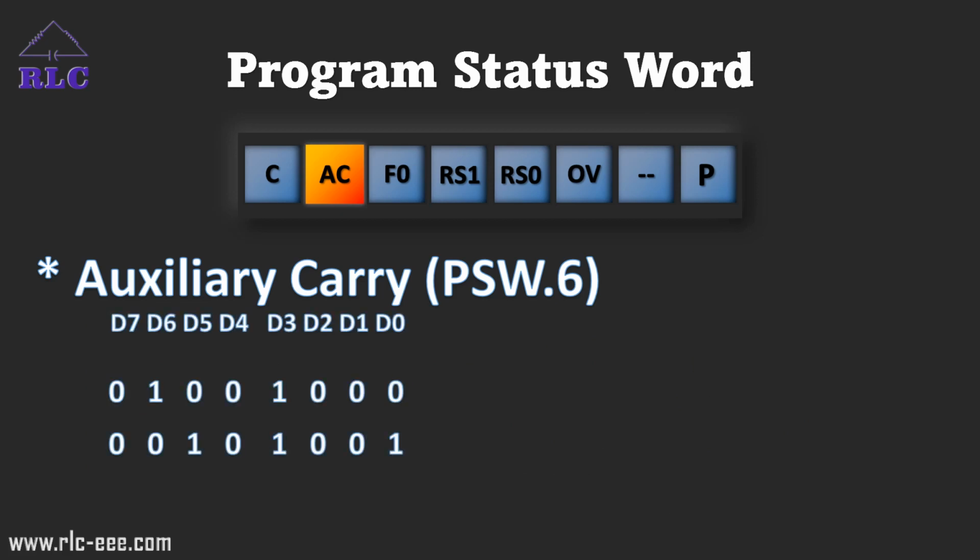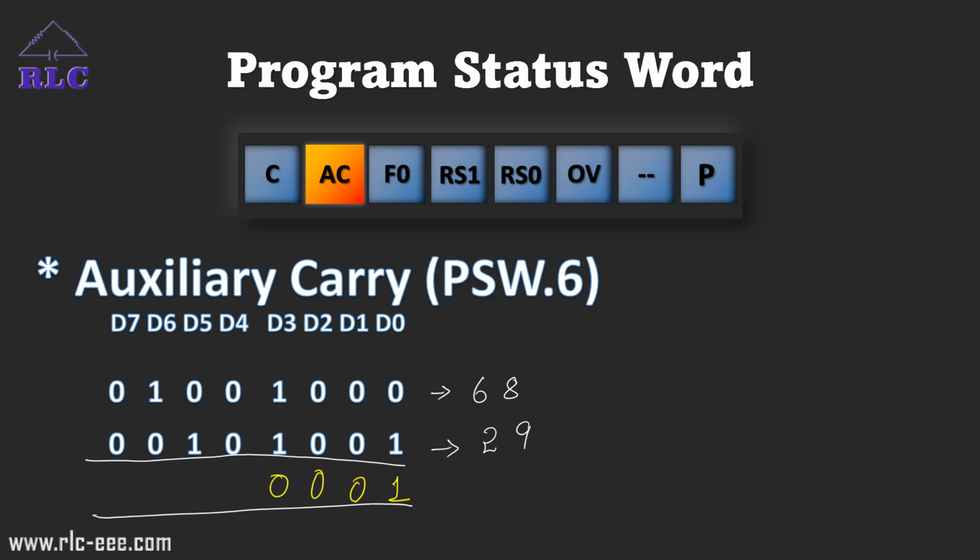We'll consider two numbers. The first number is 68, then the second number is 29. Now, when we add this, 0 plus 1 is 1, 0 plus 0 is 0, then this is 0, 1 plus 1 is 0 with a carry of 1, then 1 plus 0 plus 0 is 1, then 0 plus 1 is 1, 10.